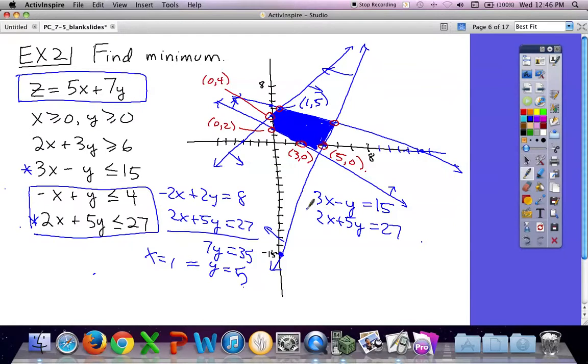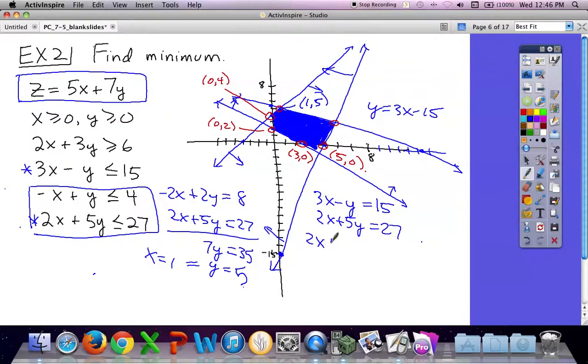The top one for y, because it has a coefficient of 1. So we're not making fractions here. So if I did that, right, y would equal 3x minus 15. Right? Y equals 3x minus 15. Okay, once you've done that, what do you do with that? Plug it into y in the other equation.